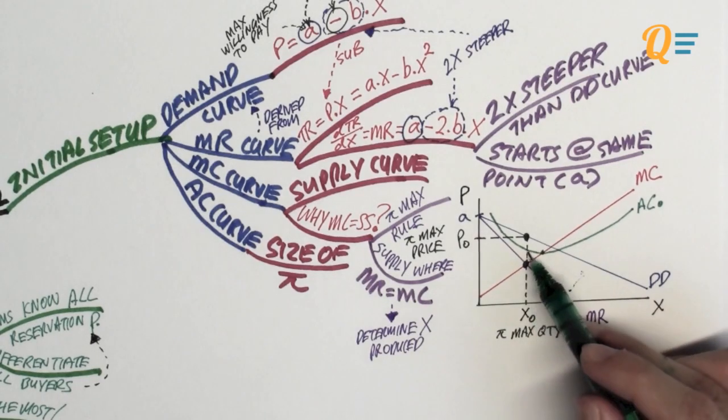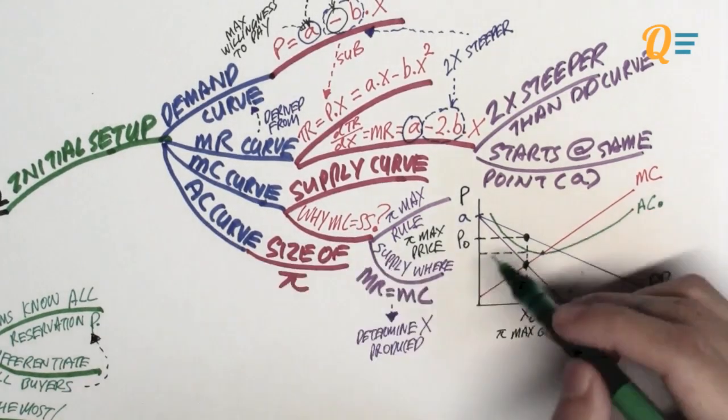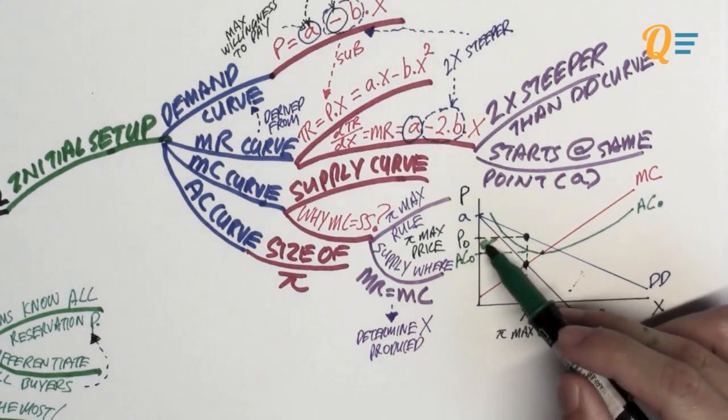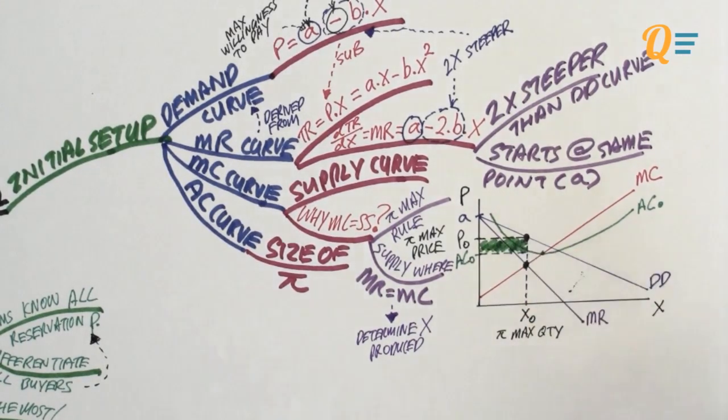So we go up and see where X naught touches the average cost curve, and that is going to be the average cost per unit produced. Since the price, which is also known as our average revenue if you think about it, is higher than the average cost per unit, that means that the green portion highlighted over here is the total amount of profits that the monopoly is making for producing X naught amount of goods and selling it at P naught.